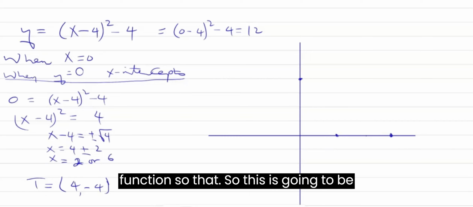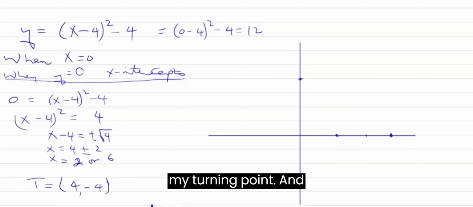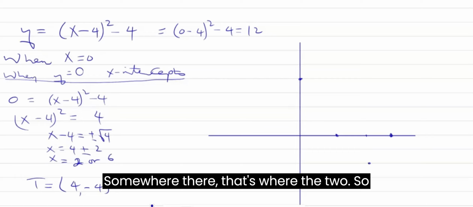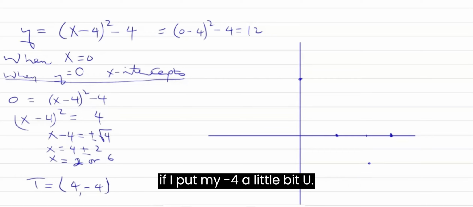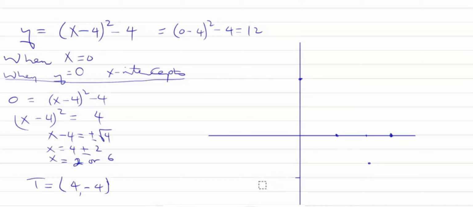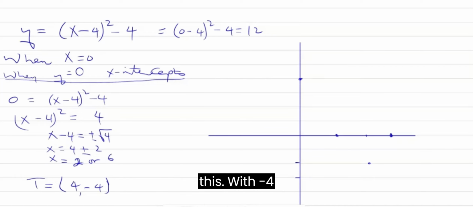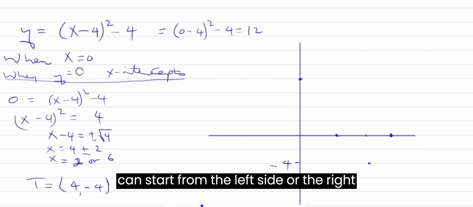This is going to be my turning point, -4, somewhere there. If I put my -4 a little bit up to make it more in line, I can start from the left side or the right side.